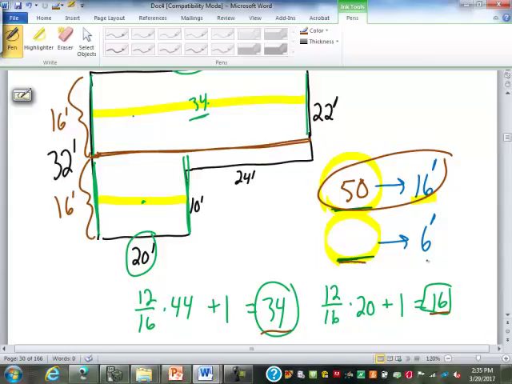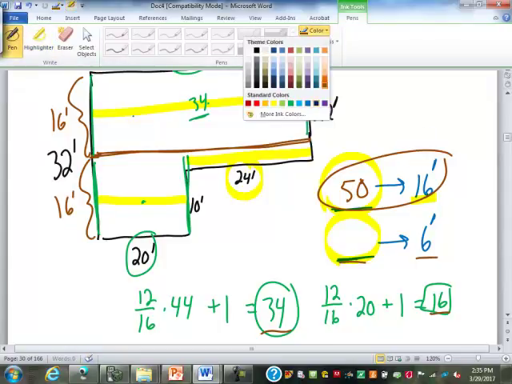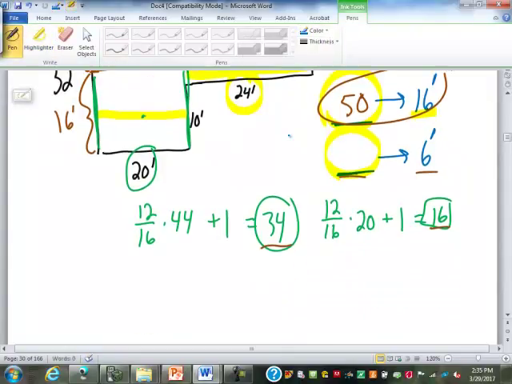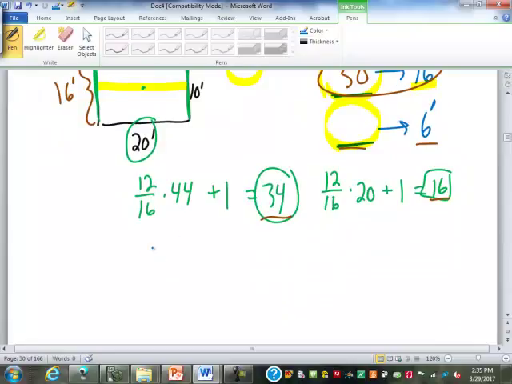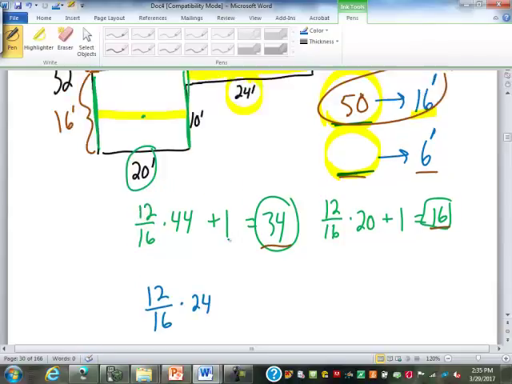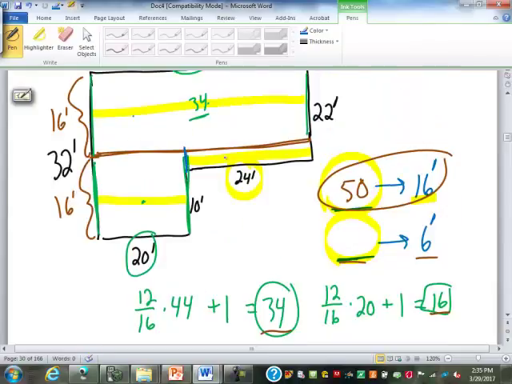What's the run for the 6-footers? That's just going to be here. So that's going to be 24 feet. So 12/16 again, from our spacing, times 24. Now there's already a joist on this end, so I only need a joist on one end of that.